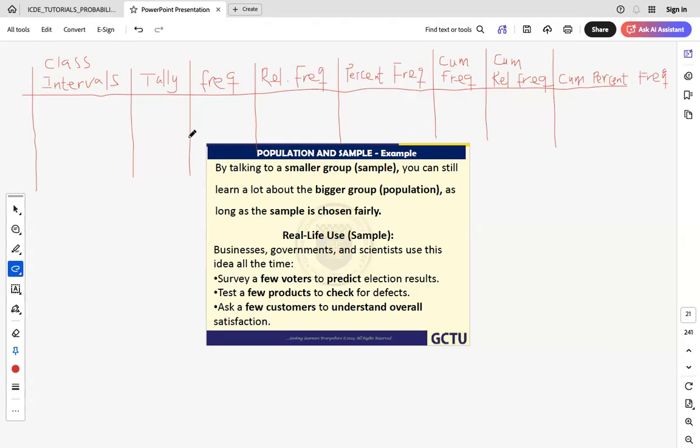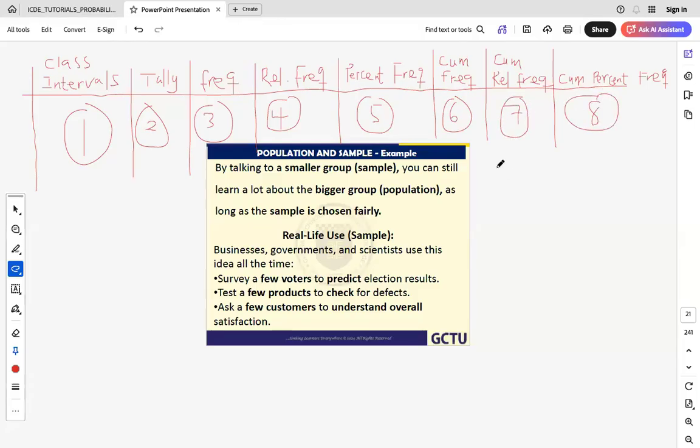So this technique is giving us 1, 2, 3, 4, 5, 6, 7, 8. 8 columns.